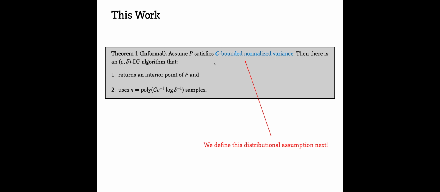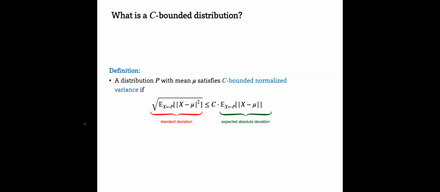So what is this C-bounded normalized variance property? As a shorthand, we'll call a distribution with this property a C-bounded distribution for the rest of the talk. What this means is that this quantity and this quantity are within a constant factor of each other.